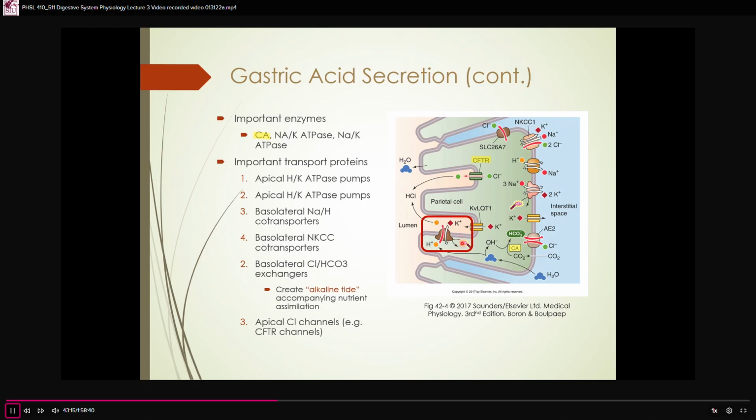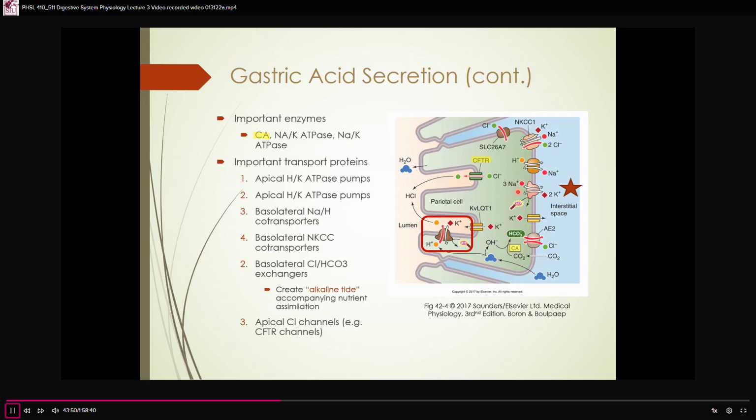It has the enzyme capacity to hydrolyze ATP, making energy available to drive the export of hydrogen against its concentration gradient. On the basolateral side of the cell, we have these sodium-potassium ATPase pumps. Again, their ATPase activity lets them move these two types of ions, each of them against their concentration gradients. So remove sodium from the cell and bring potassium into the cell. Make a big note here wherever you have these, and they're going to be on the basolateral sides of almost all the cells we'll talk about through the GI series.